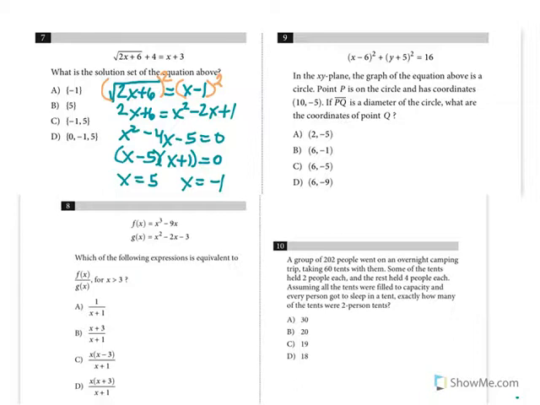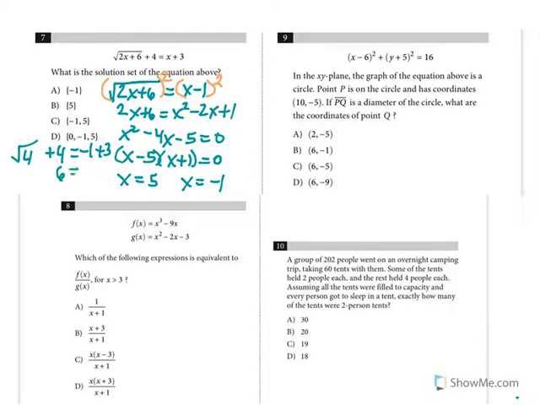Now, we also have to test these to make sure we don't have any superfluous solutions. If we substitute -1 in for x, we get -2 plus 6 is 4, so we end up with the square root of 4 plus 4 equals -1 plus 3. And we end up square root of 4, so 2 plus 4 is 6.